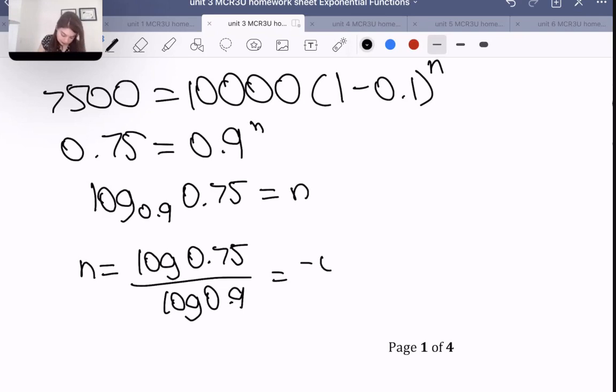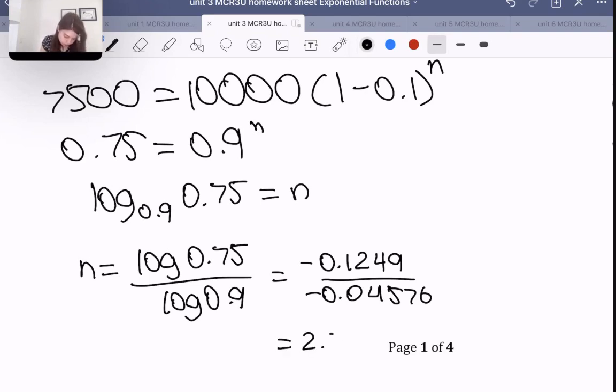So negative 0.1249 over negative 0.04576 equals 2.73 approximately.